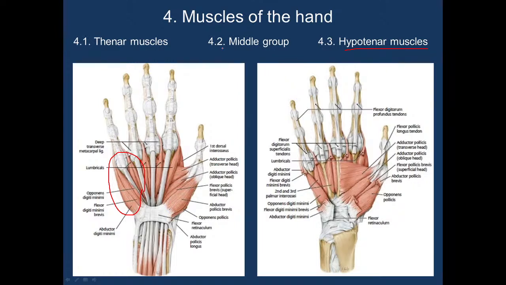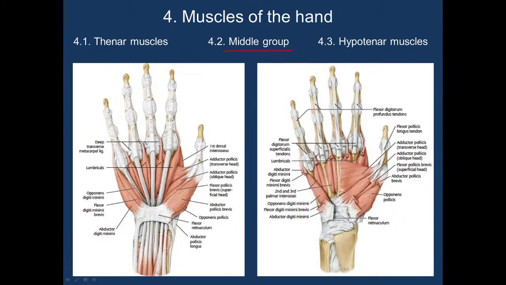And also we distinguish the middle group of the hand muscles, and they're located between the metacarpal bones, and there are three groups of muscles in the middle group.